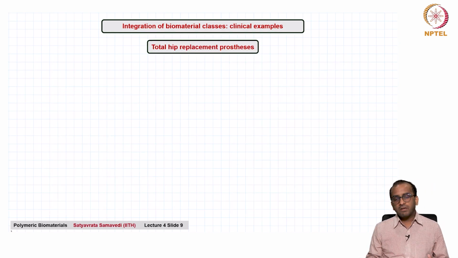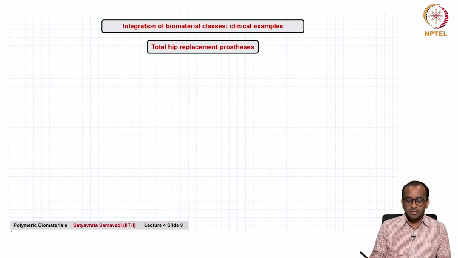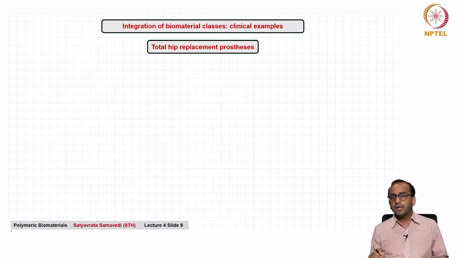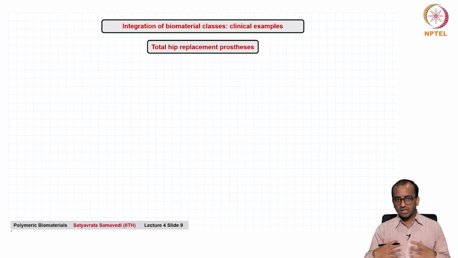So, the last example we are going to look at is that of the hip replacement prosthesis. Here, we are also going to see what the possible sources of failure are that can occur. Essentially, in the earlier ones we saw how different classes were integrated to give specific types of functionality in one device.